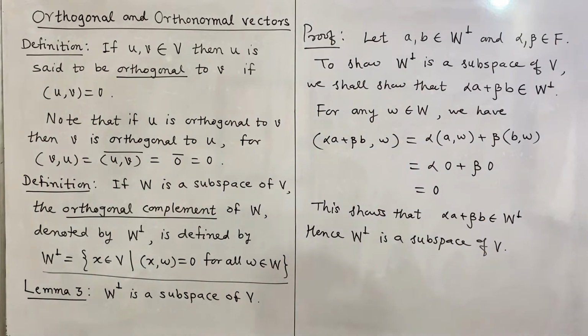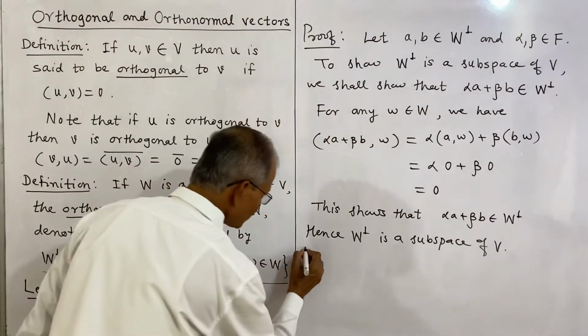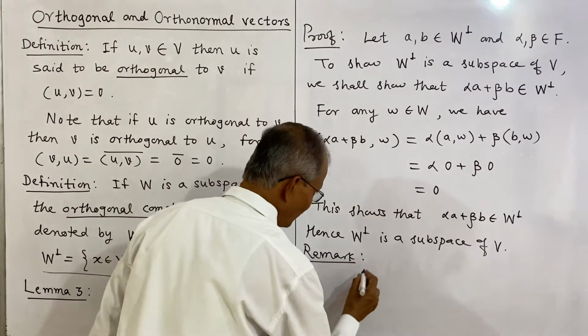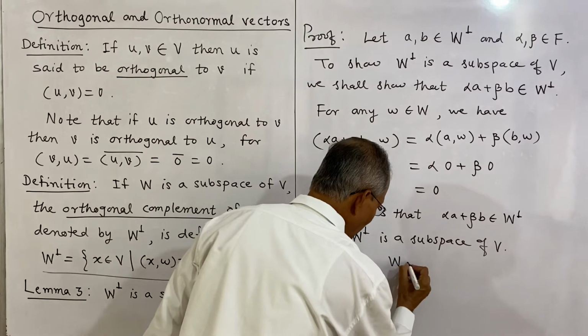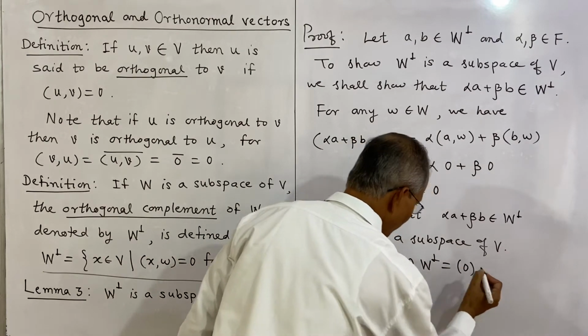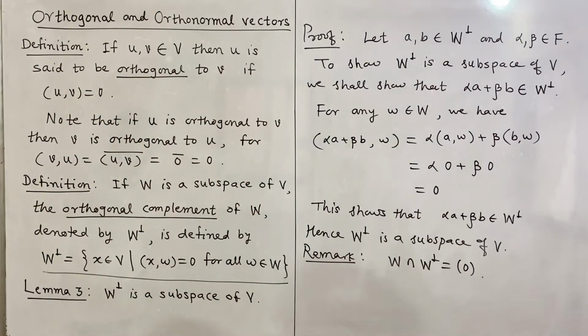Now we write a remark here. We will see that W intersection with the orthogonal complement of W is 0. How is it so?